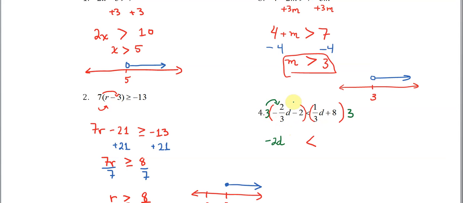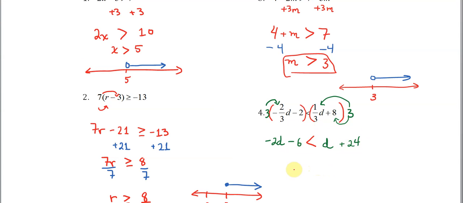And then 3 times negative 2 is going to be negative 6. Over here, we have 3 times 1/3 d. So that's just going to be d. And then 3 times 8 is going to be 24. And so after doing that, we've been able to get rid of the fractions.